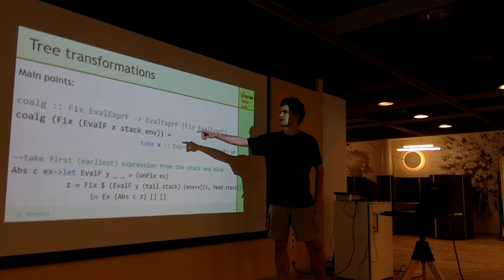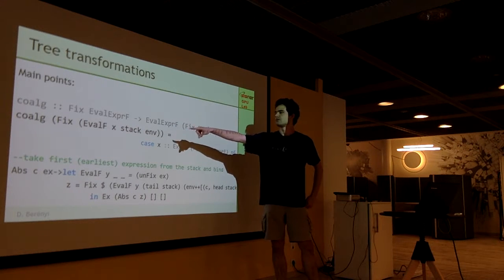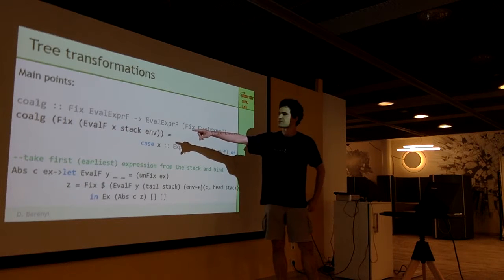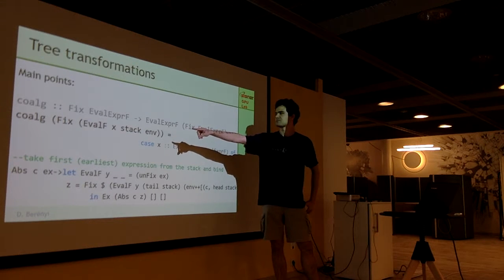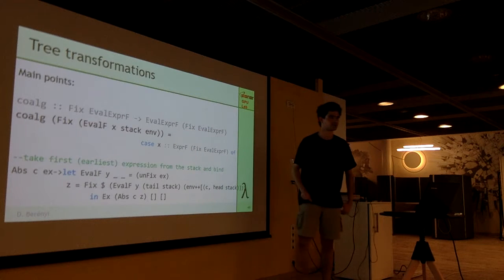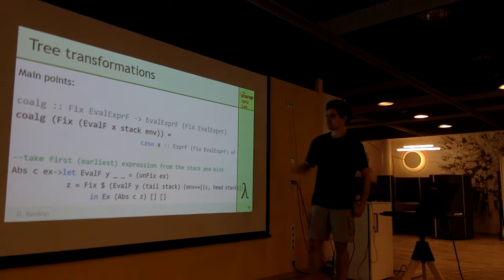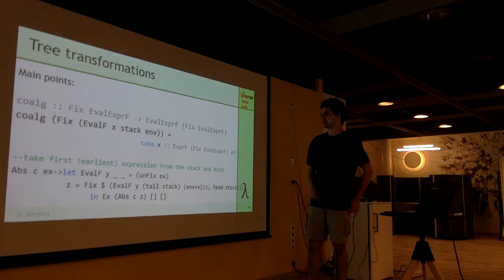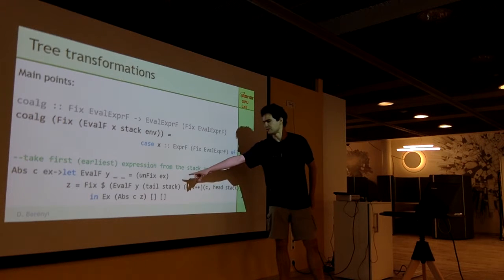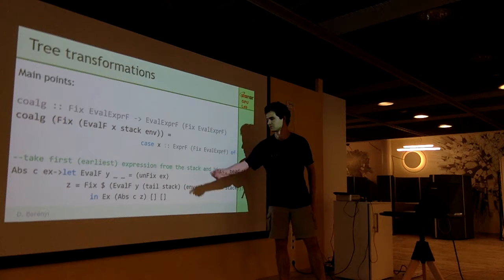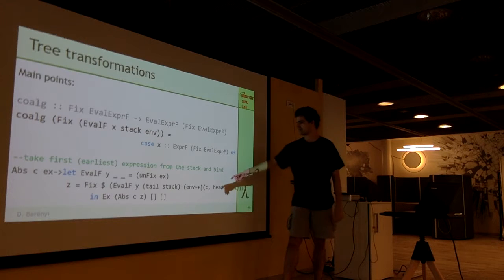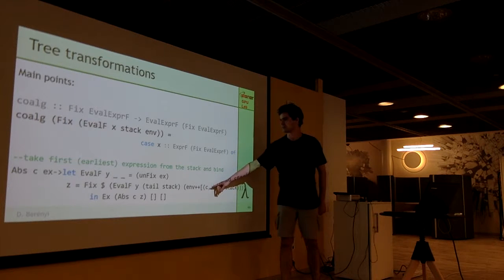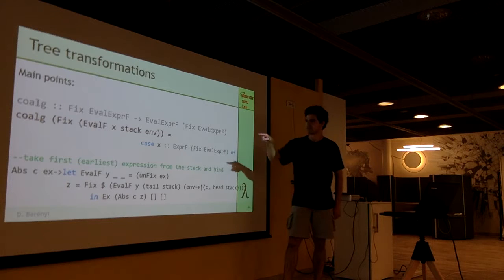So our coalgebra will take a look at the tree that it was given, and pattern match the expression, the stack, and the environment that is stored in it. And in this case, we are seeing the Abs node, and what it really does is take the tree off the stack, which should now be removed, pass the rest towards the child nodes, and add it to the environment with the current symbol that we have in the Abs node.